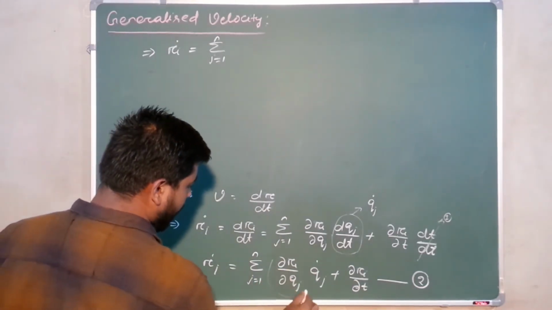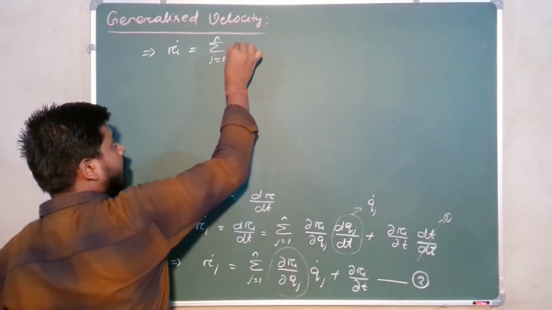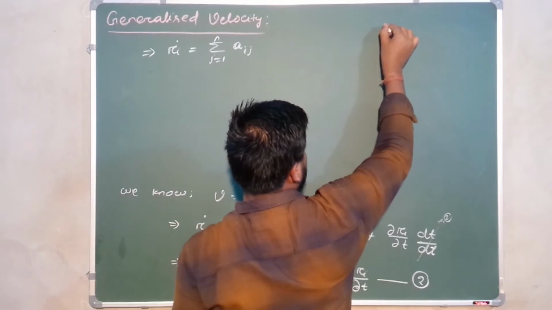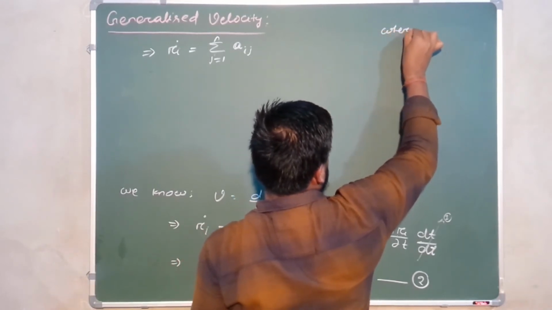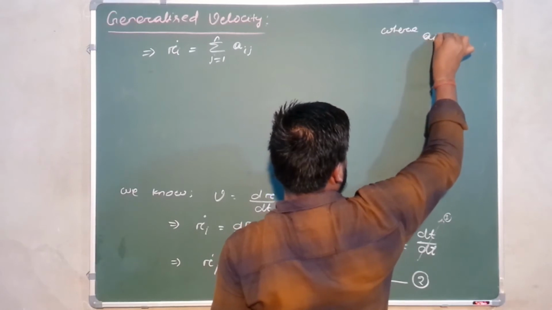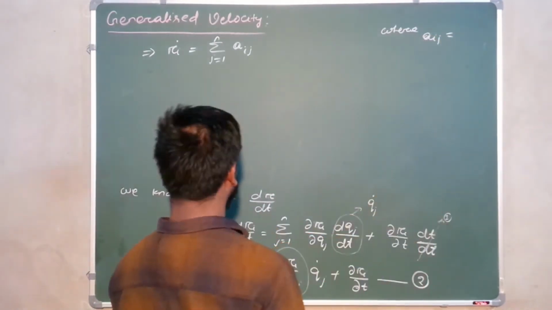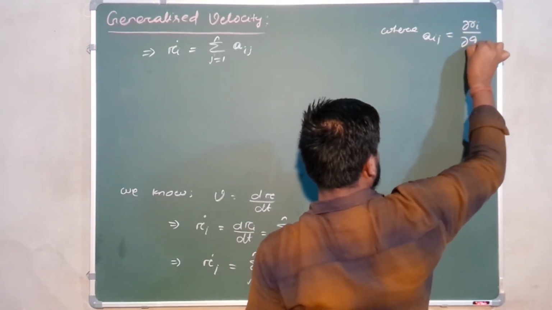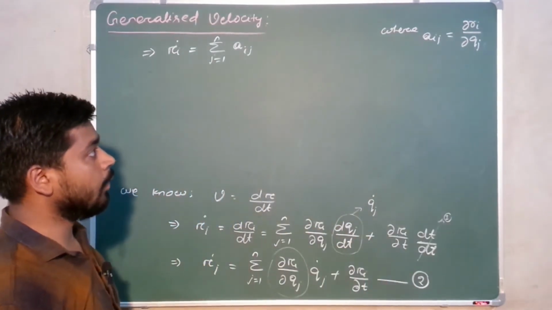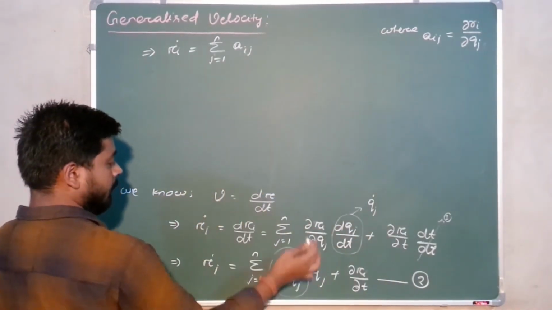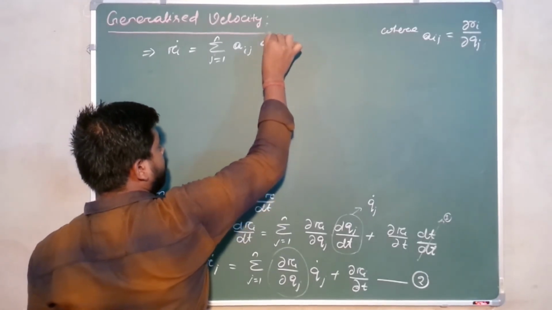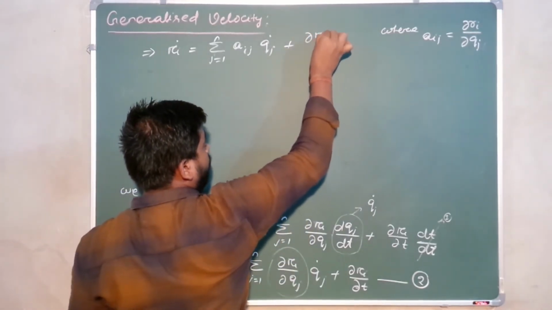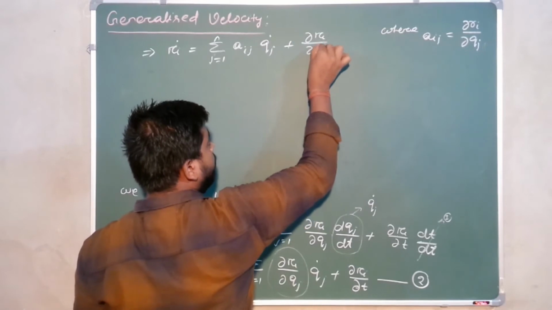In place of dou Ri by dou Qj, just write aij, then Qj dot as usual, plus dou Ri by dou t as it is.